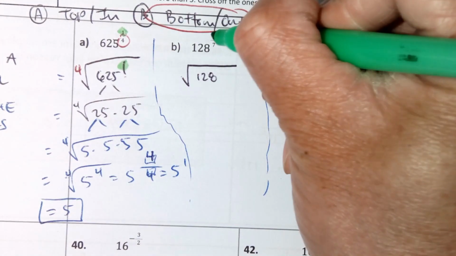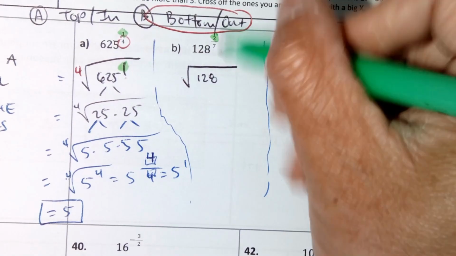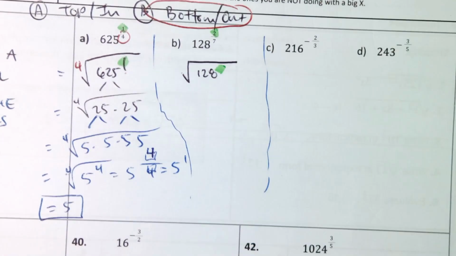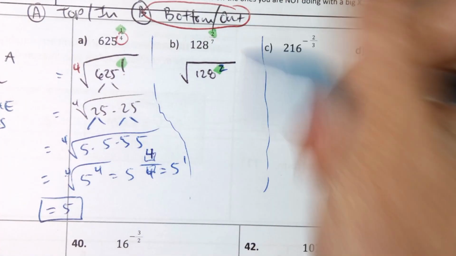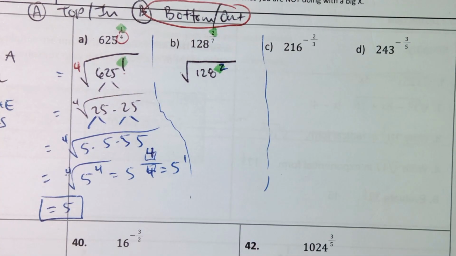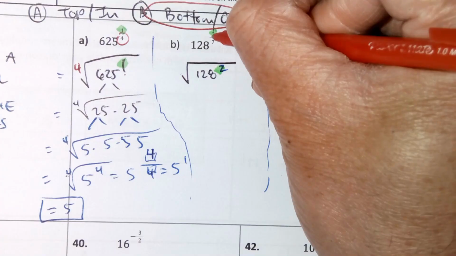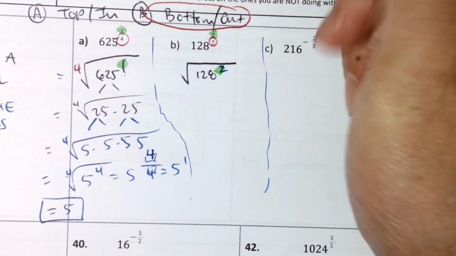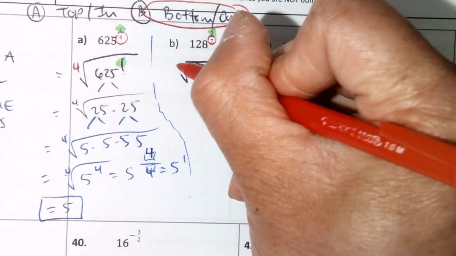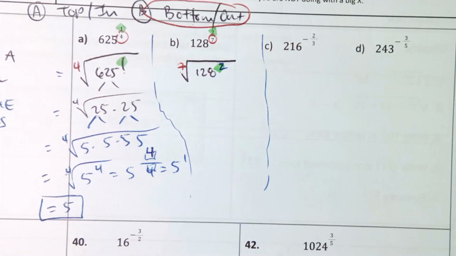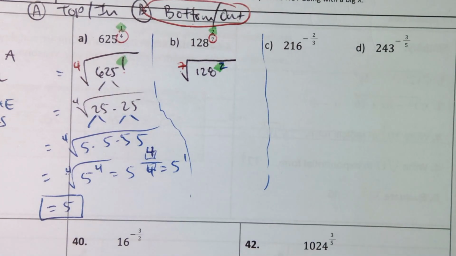And then the top of the fraction goes inside. Top in. Inside the radical. And there's a 2. And then the bottom of my fraction goes on the outside of the radical. Bottom out.